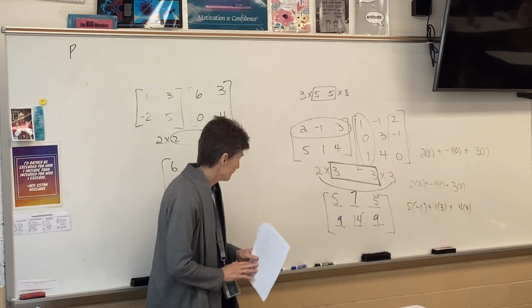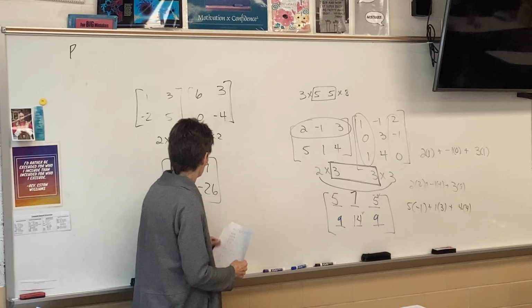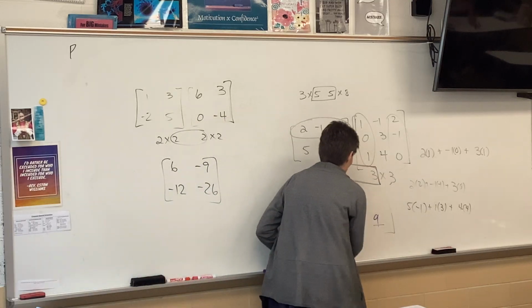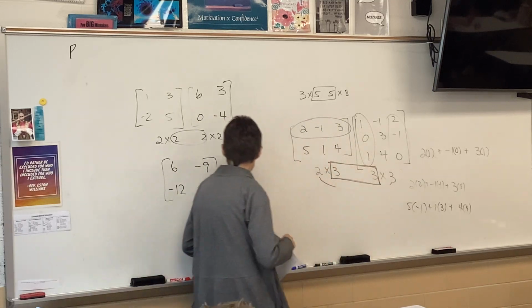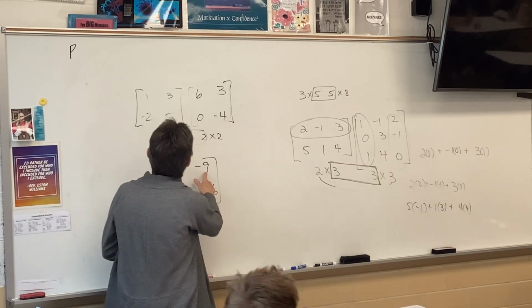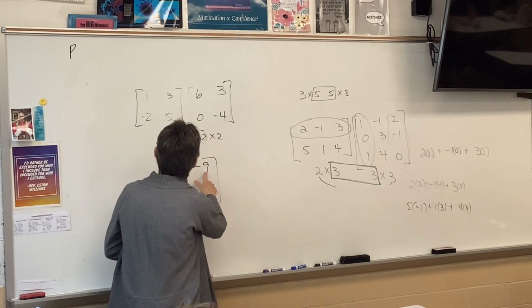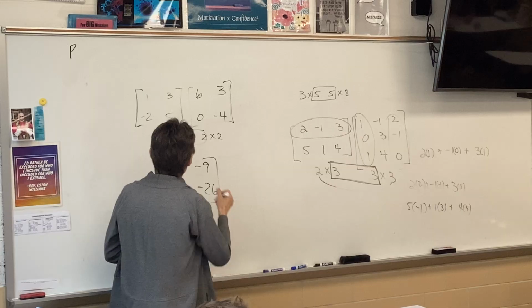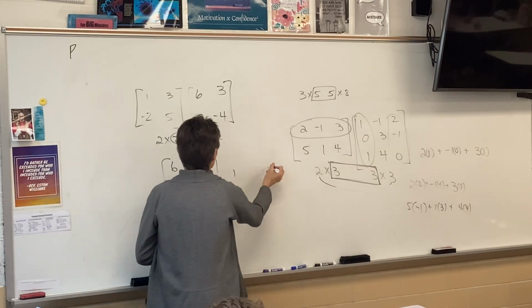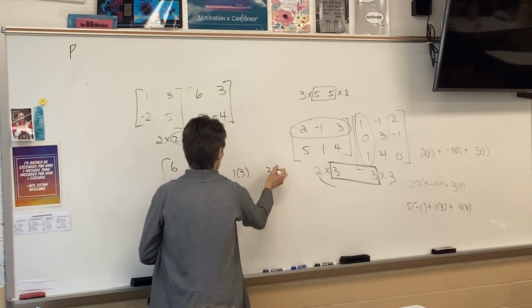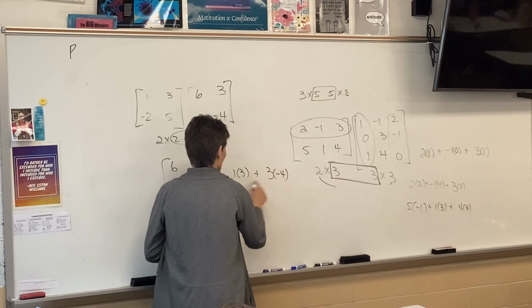Did I do okay? This is wrong? Why is it? That is row 1, column 2. 3 minus 12.